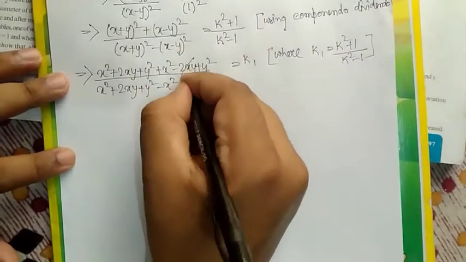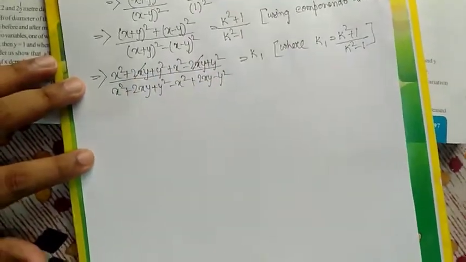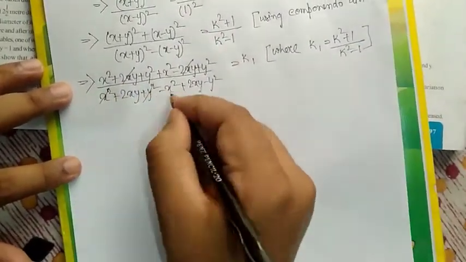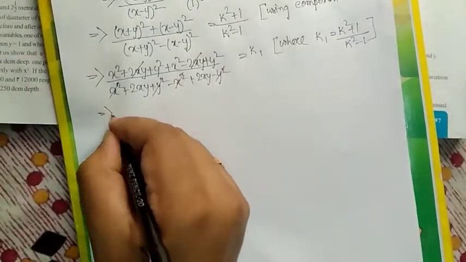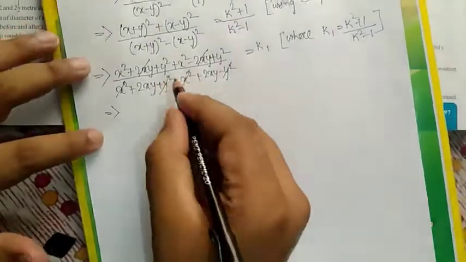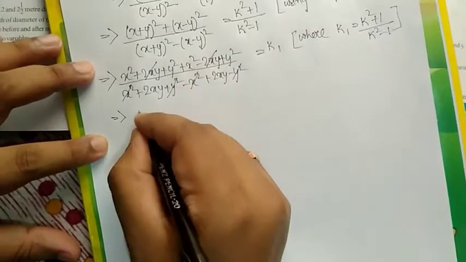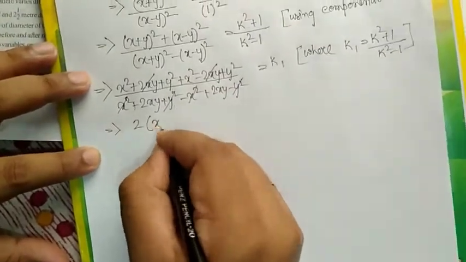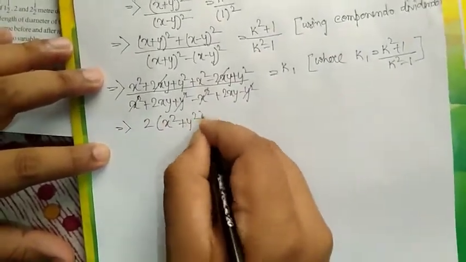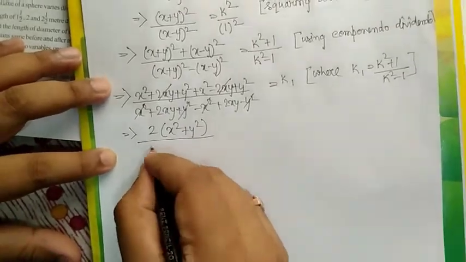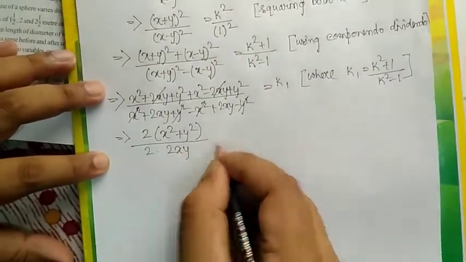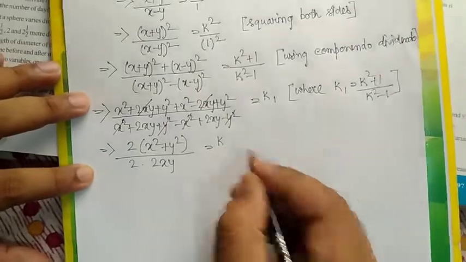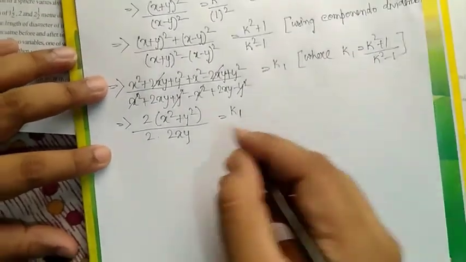So eliminate 2xy in the numerator and x square and y square in the denominator. We get 2x square plus 2y square. So if we take common 2, x square plus y square by 2 into 2xy equal to k1.